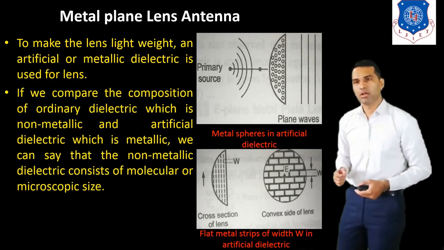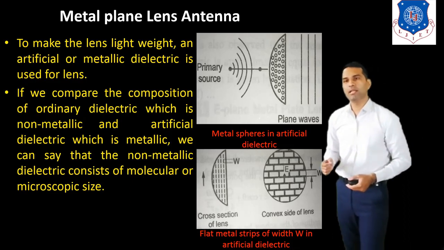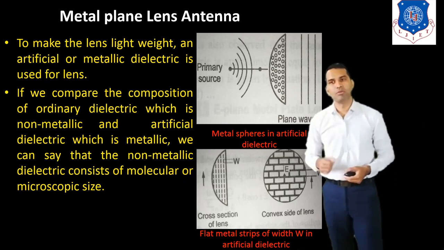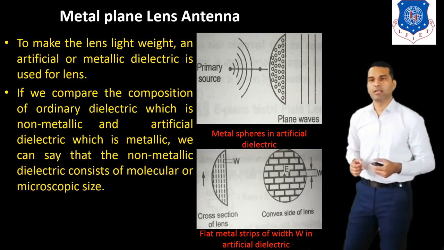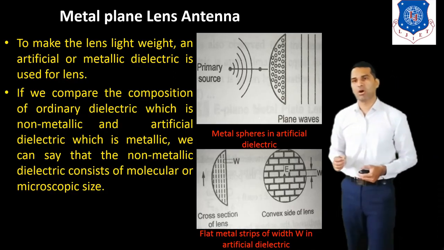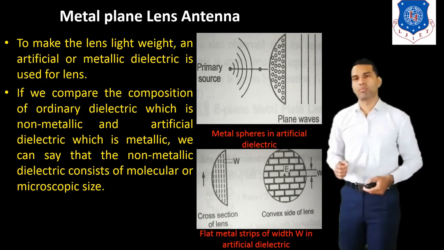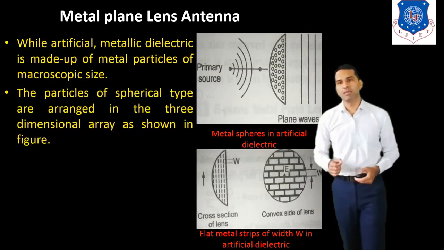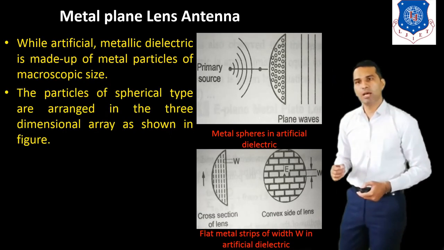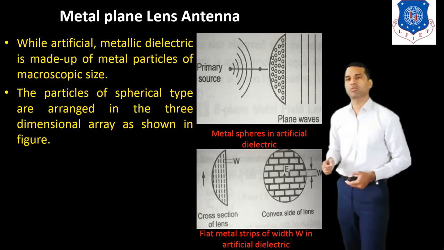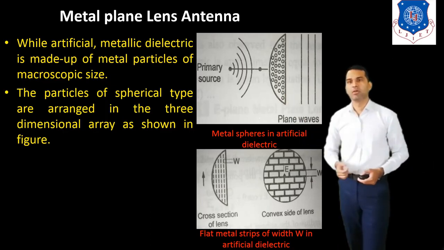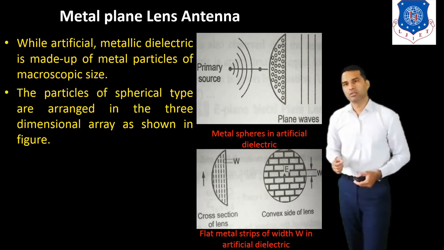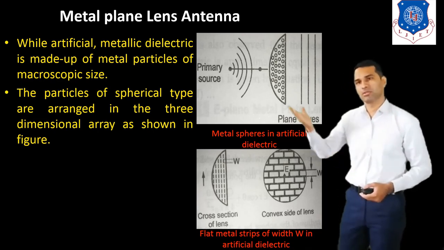If we compare the composition of the ordinary dielectric, which is non-metallic, and the artificial dielectric, which is metallic, we can say that the non-metallic dielectric consists of molecular or microscopic size, while the artificial metallic dielectric is made up of metal particles of microscopic size. You can see here the particles of spherical type are arranged in a three-dimensional array as shown in this figure.